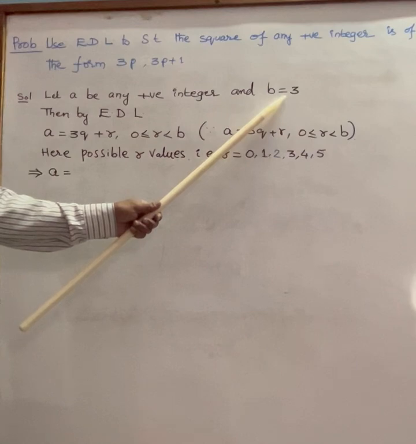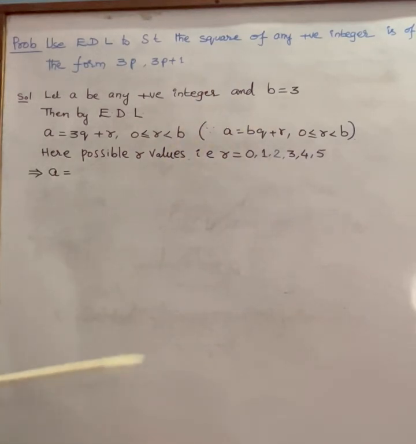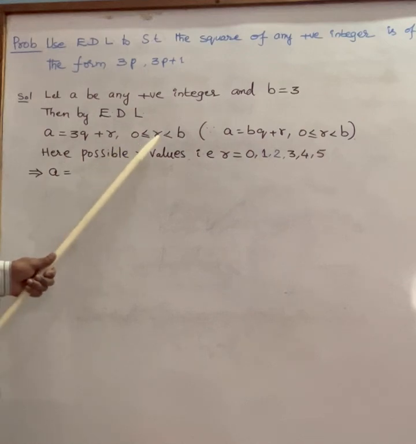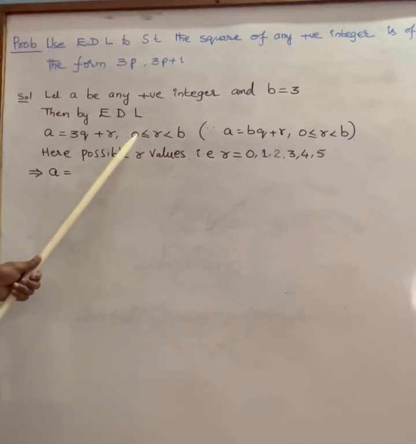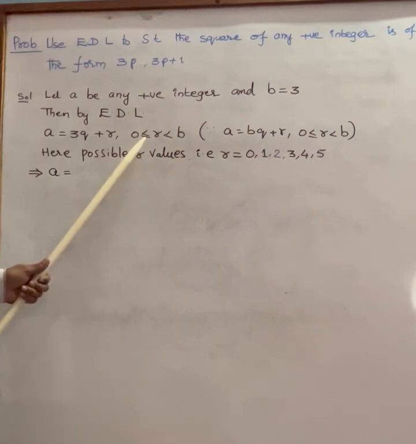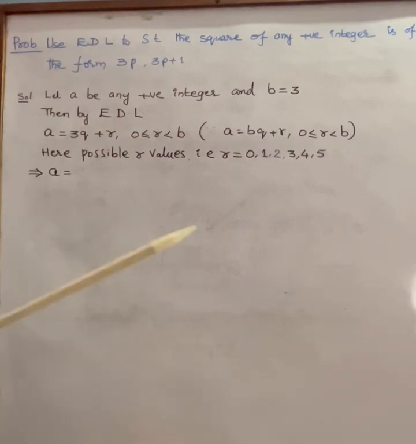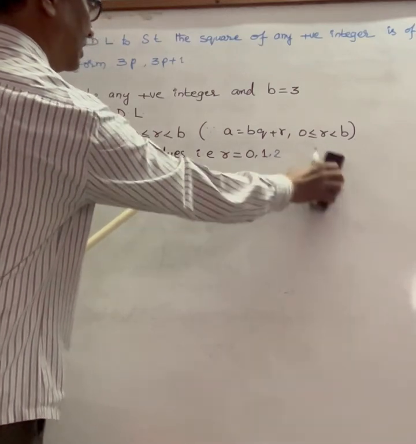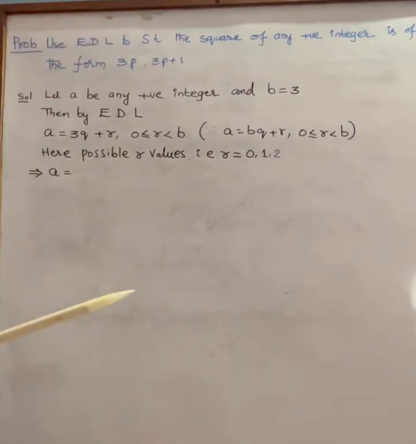If we put b value here, r value lies between 0 and 3. R may take 0. Means here b value is 3, and r value becomes 0, 1, 2. Here put r values here.